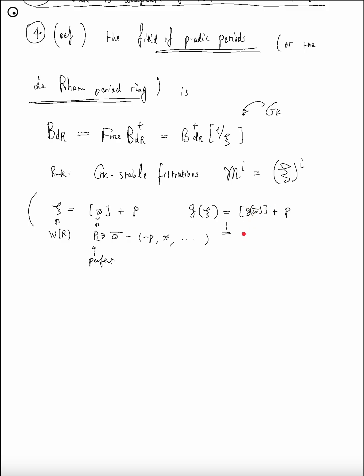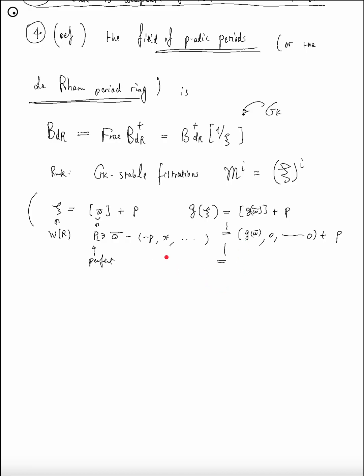This would just be G acting on this element, right? And so G acting on this element, what is it?